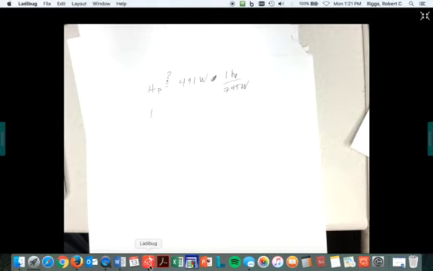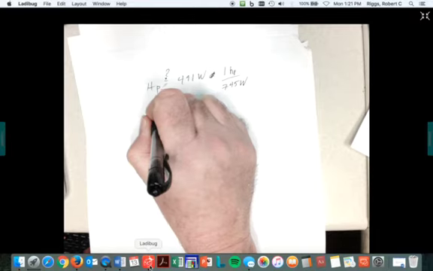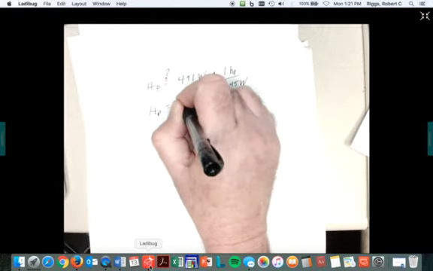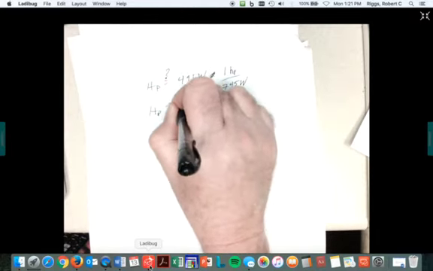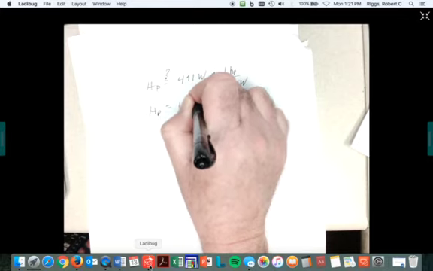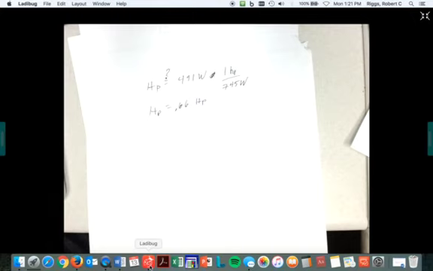So I get 491 divided by 745 equals 0.65 horsepower. Let's go with 0.66 horsepower. Okay? I'm half a Clydesdale.